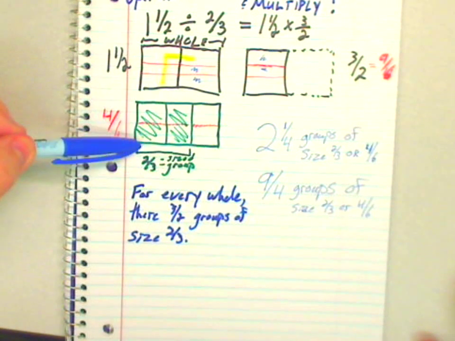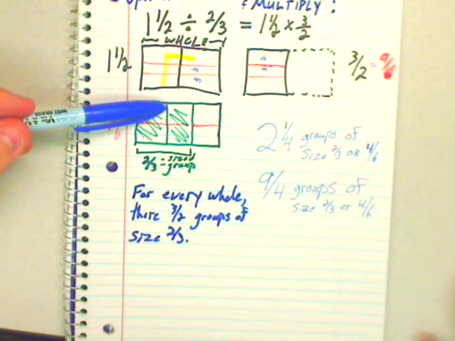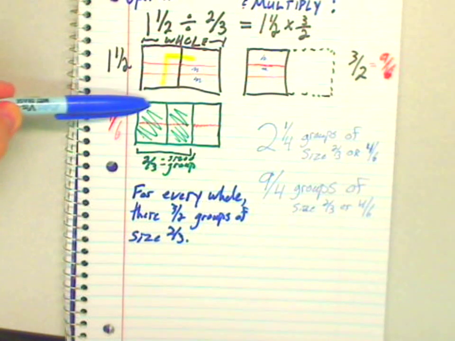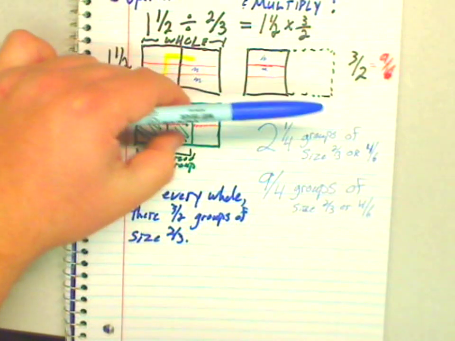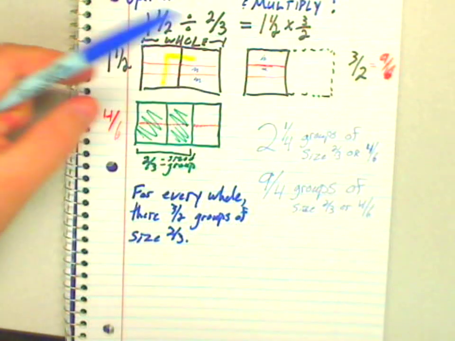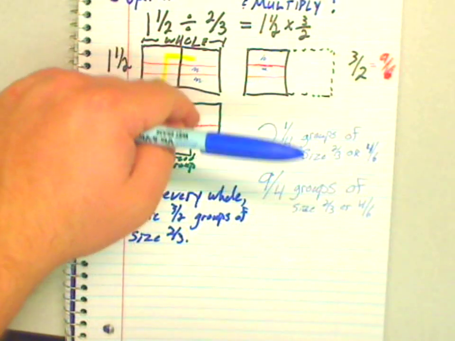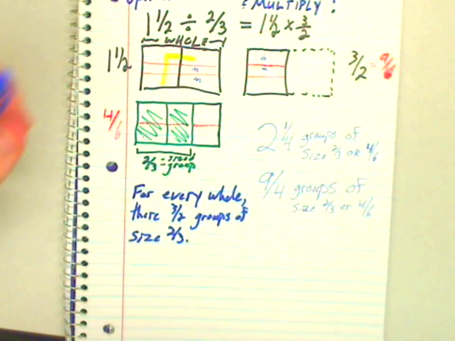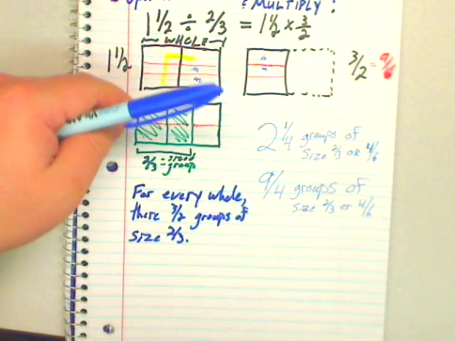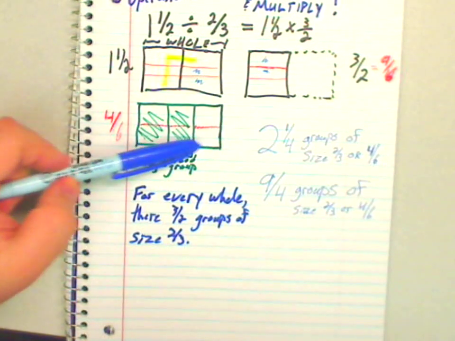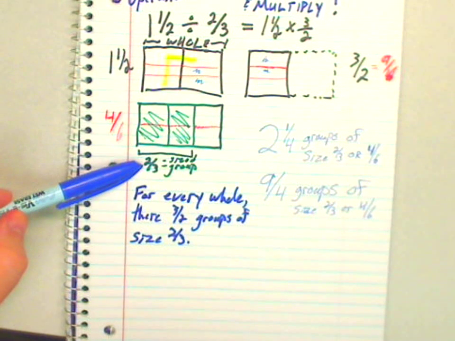This group right here is composed of 2 equal sized pieces. So that means our 2/3 group, we could represent in terms of half sizes of this. That's half of a group of 2/3, and this is a full 2 halves group of 2/3. And so if I had one whole unit, then that would be 3 halves groups of size 2/3.